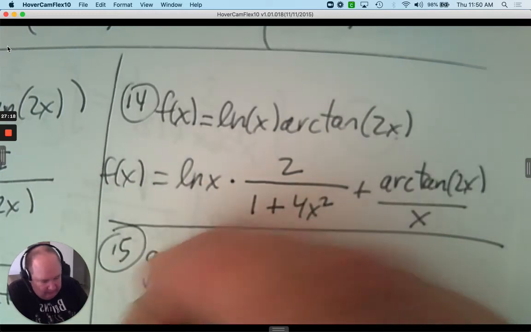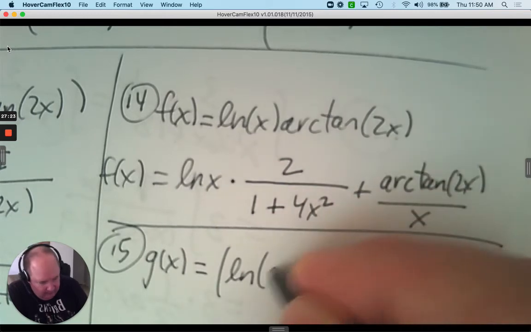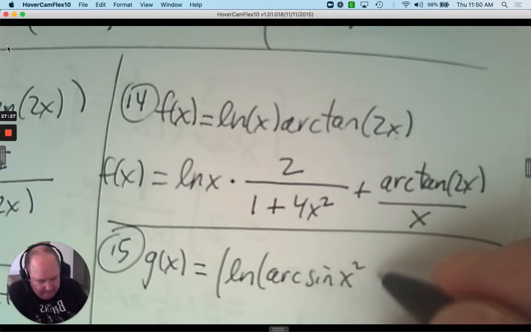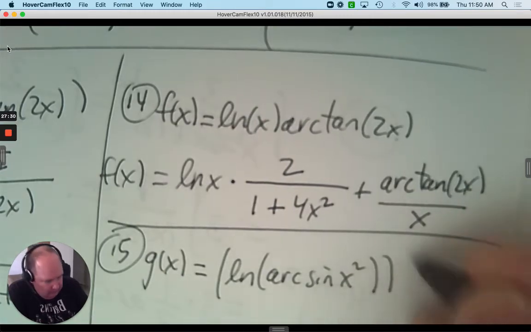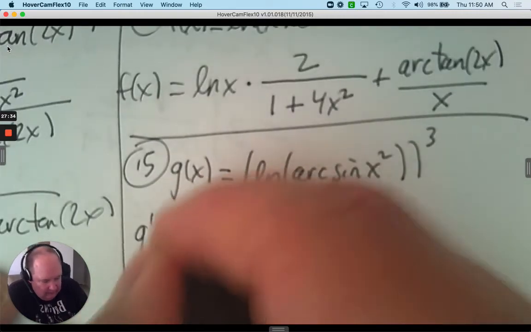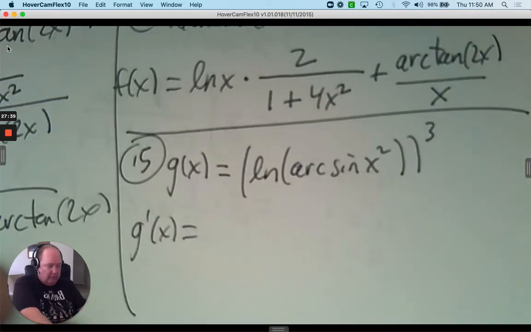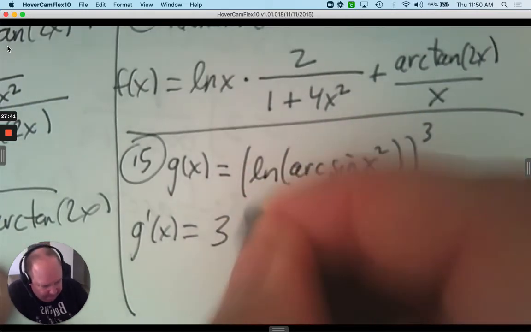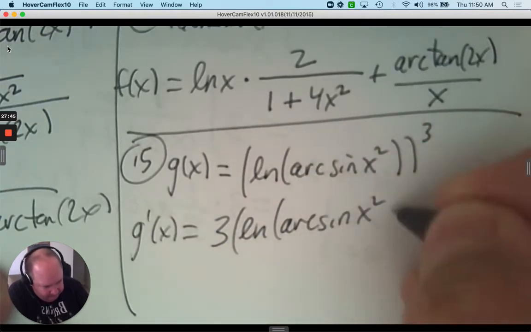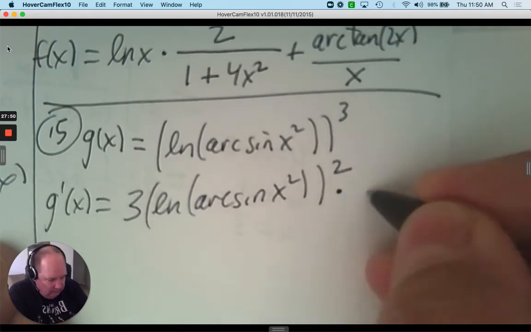In number 15, g of x equals ln arc sine x squared to the exponent 3. So I want to take the derivative here. There's multiple hooks here. So start with the 3. So 3 times 1 in front. It's just the power rule. Subtract 1 from the exponent times.